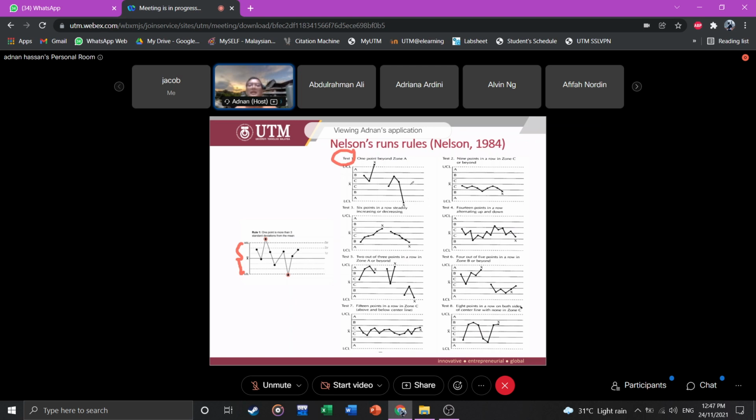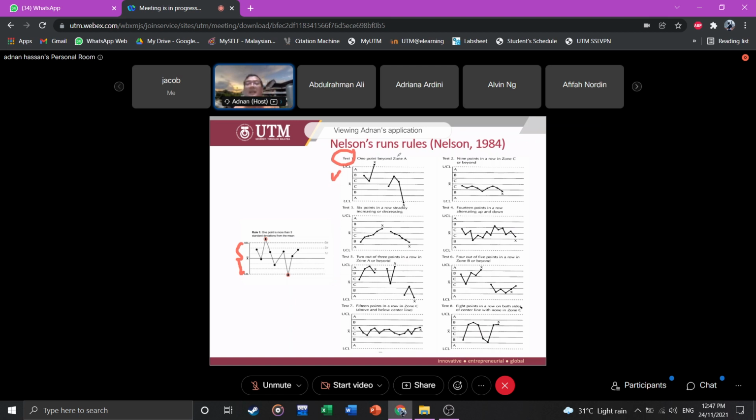So altogether, the control limit is divided into 6 zones. The simplest rule is rule number 1. Anything beyond plus minus 3, the process is considered unstable.